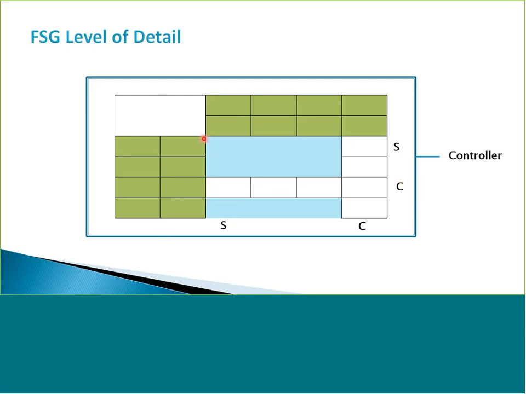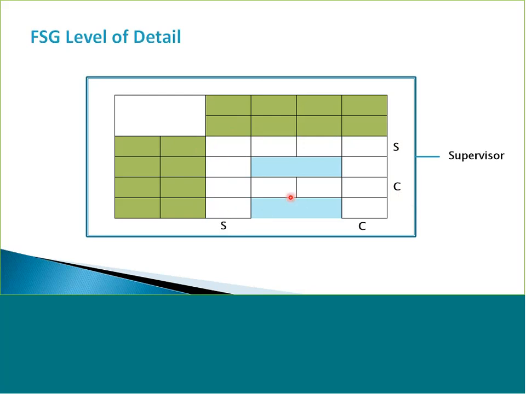If we run the report at the level of detail supervisor, what will we be able to see? We'll be able to see the whole of this row because this row is designated supervisor. We'll also be able to see the whole of this row because it's designated controller, and supervisor sees supervisor plus controller. We'll also be able to see the whole of this column, and we'll also be able to see this column.